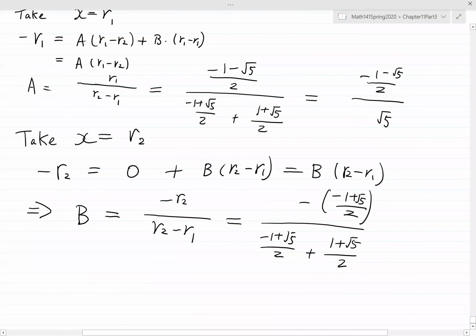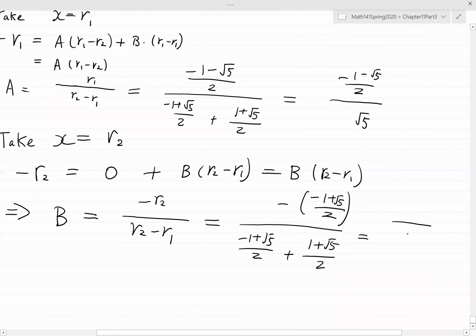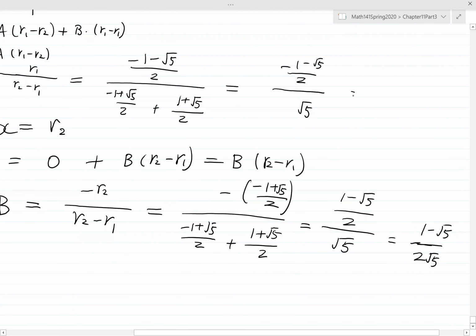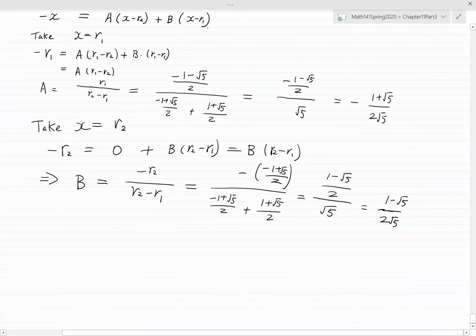So you finally get this thing is 1 minus root 5 divided by root 5. So this is actually 2 root 5, 1 minus root 5. So this will be negative 2 root 5, 1 plus root 5. So we find a and b.